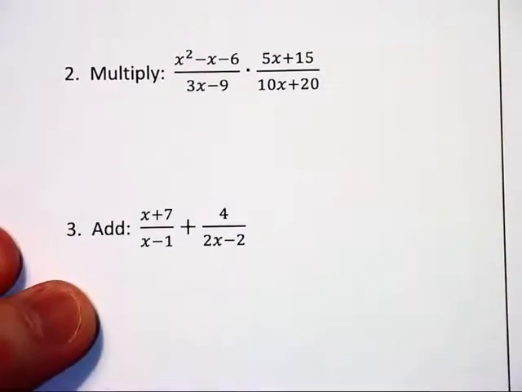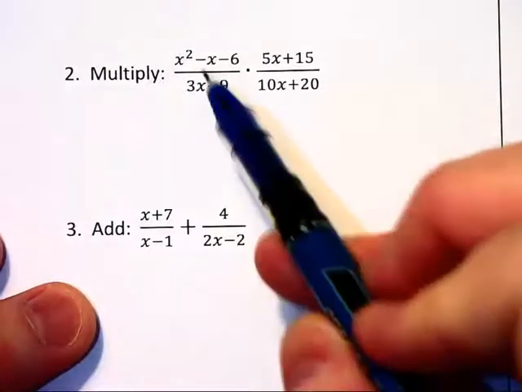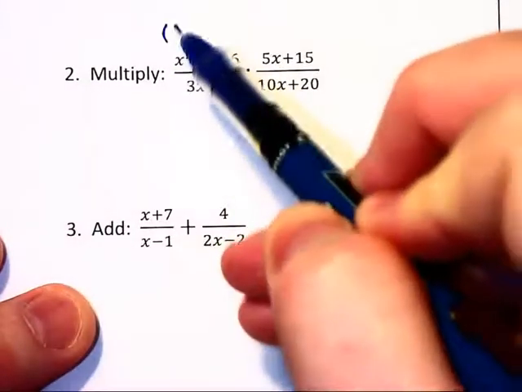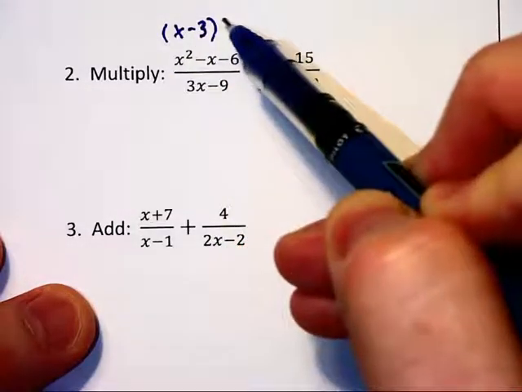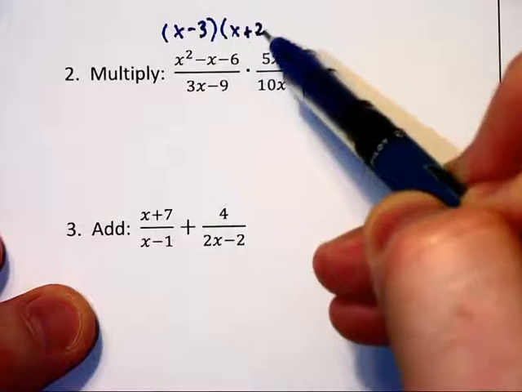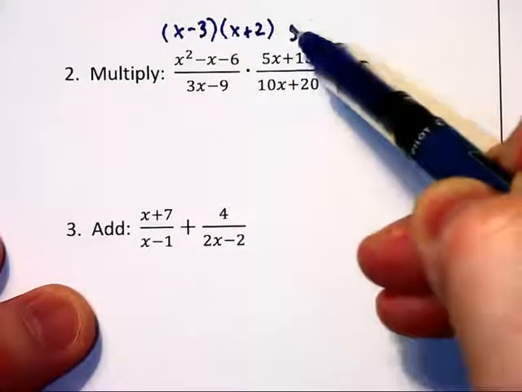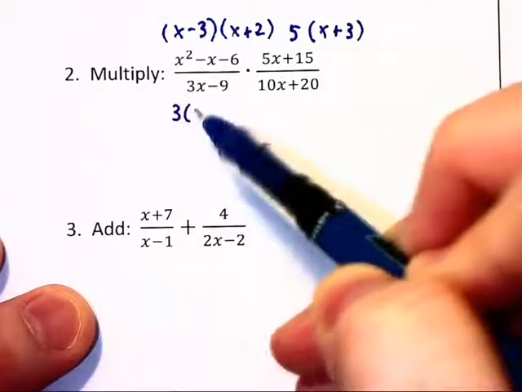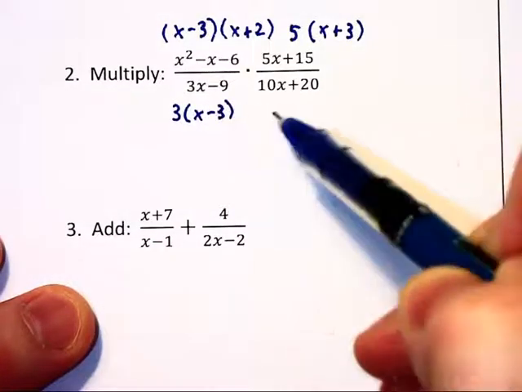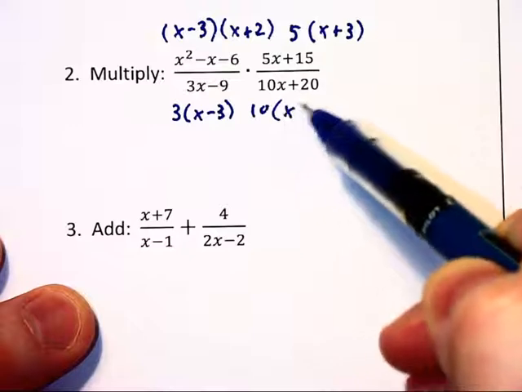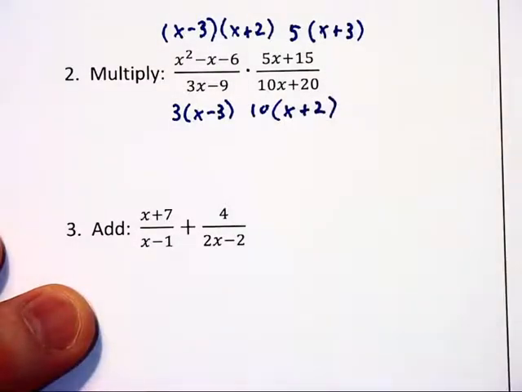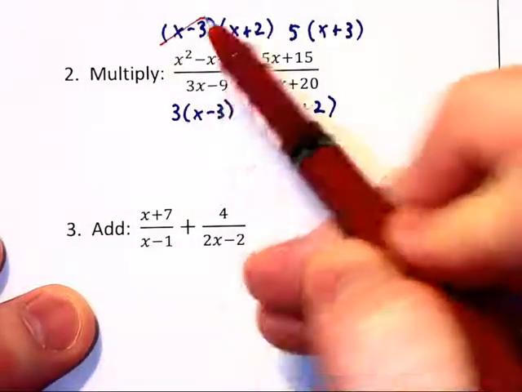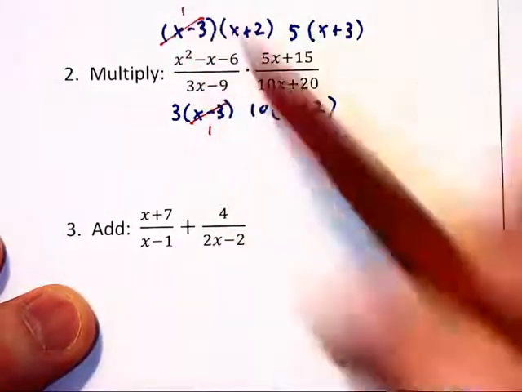When multiplying, we want to factor each of these four corners. We will have x minus 3 times x plus 2 in the top left, 5 times x plus 3 in the top right, 3 times x minus 3 in the bottom left, and 10 times x plus 2 in the bottom right. Now be very careful as you cancel. I see x minus 3's canceling in the first fraction.